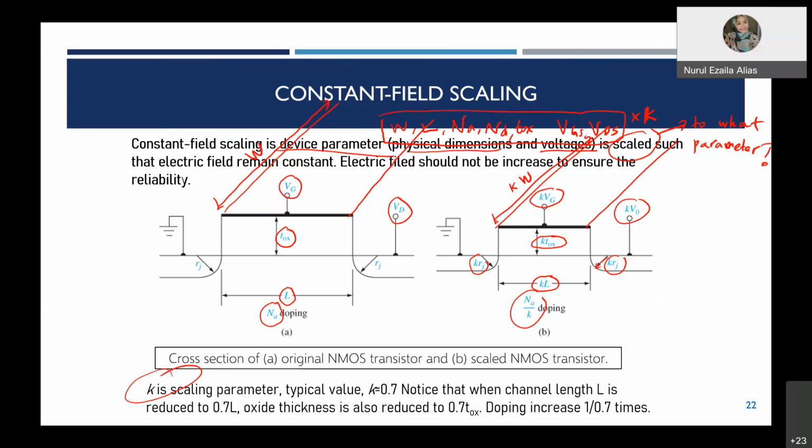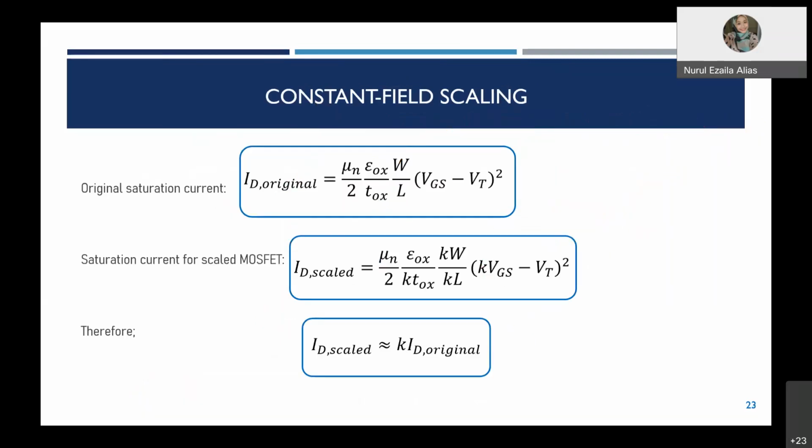The actual length you have to multiply by K. So 0.7 times 1 micrometer. Therefore, the actual length is 0.7 micrometer. So that is how they do it. And also the concentration, the voltage, and so on.